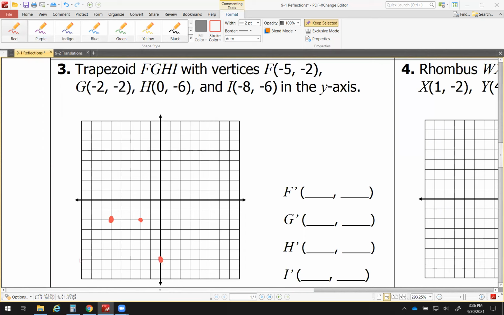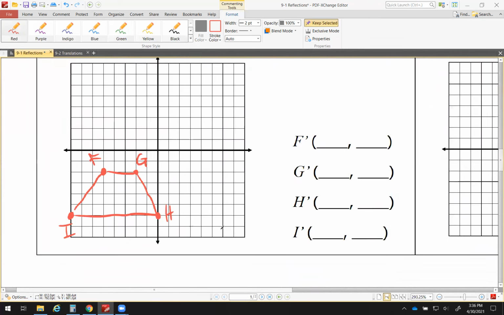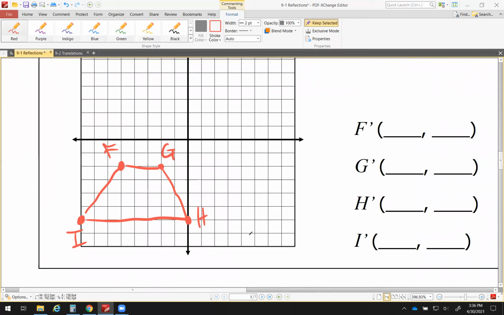And I is at 8, -6. So this is F, G, H, I. And just connecting those dots there, we've got a lovely, not isosceles, close to isosceles trapezoid.